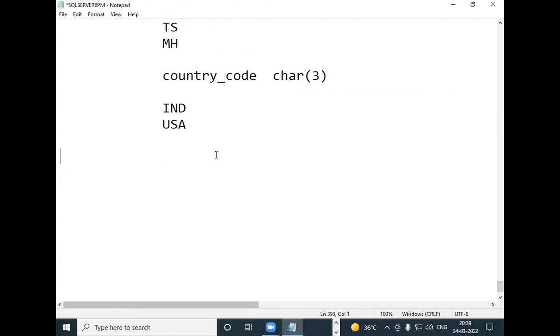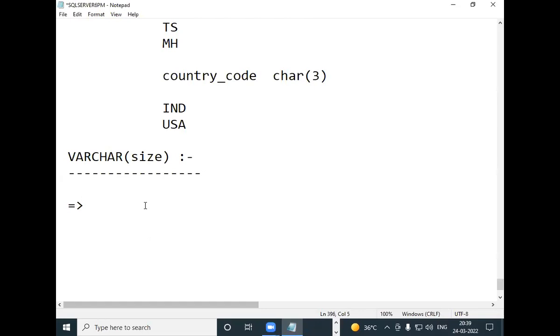But what for variable length fields? For variable length fields, SQL Server gives one data type. What is that? Varchar. What data type is used for variable length fields? Varchar. Varchar size.